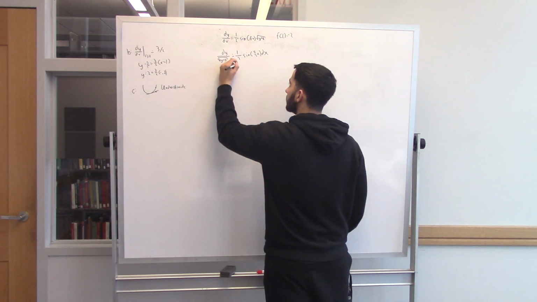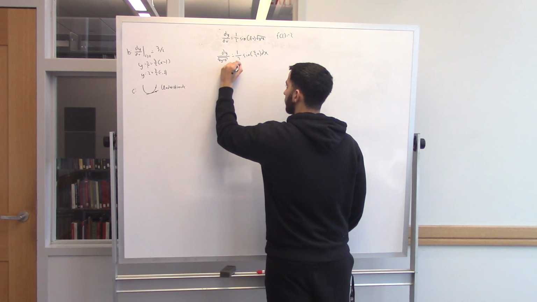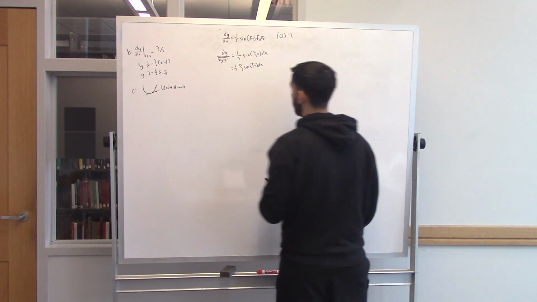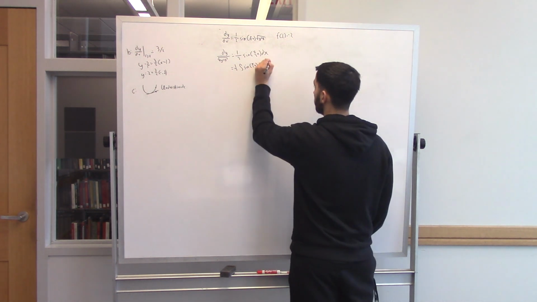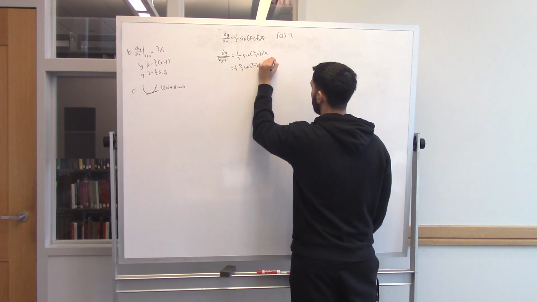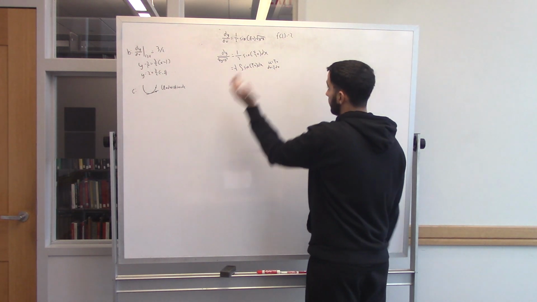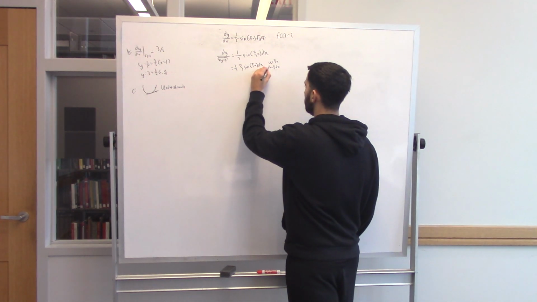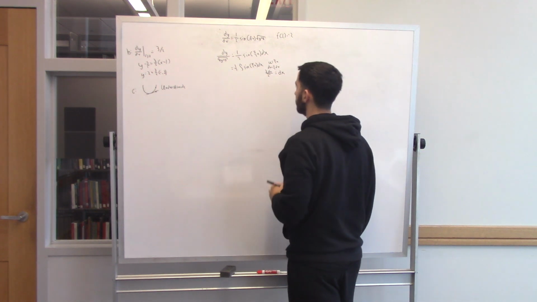Alright, I'm going to do the right hand side first, right? So we're going to have 1/2 the integral of sine of pi over 2x dx. This is going to be some u sub. We're going to let u equal pi over 2x. So du equals pi over 2 dx. But we only have dx. We don't have pi over 2 of dx. So 2 du over pi equals dx.